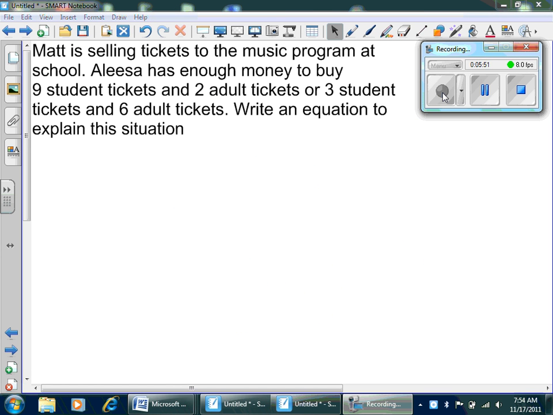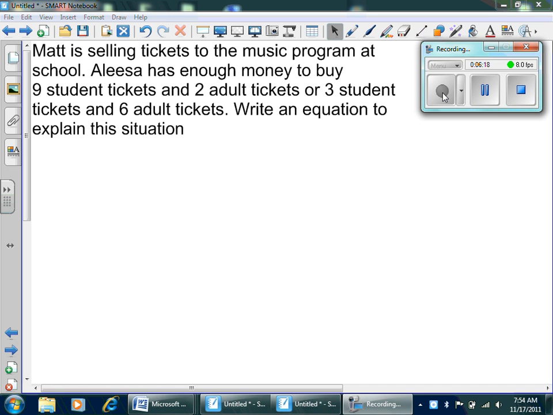Okay, Matt is selling tickets to the music program at school. Elisa has enough money to buy 9 student tickets and 2 adult tickets, or she could buy 3 student tickets and 6 adult tickets. Write an equation to explain this situation. Now, this is actually pretty cool because this story problem has everything in it that you need to answer the question.